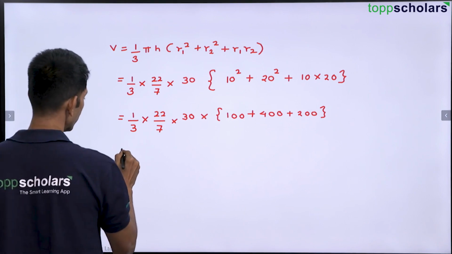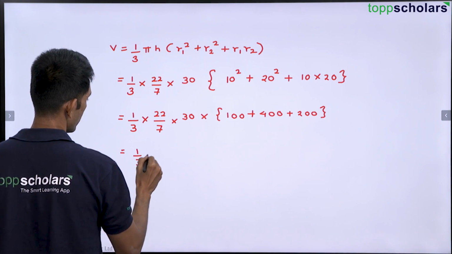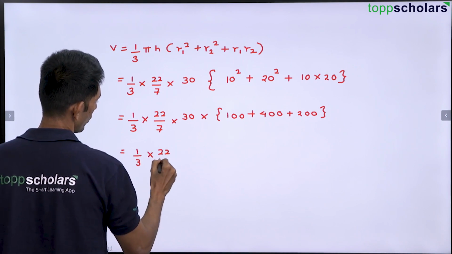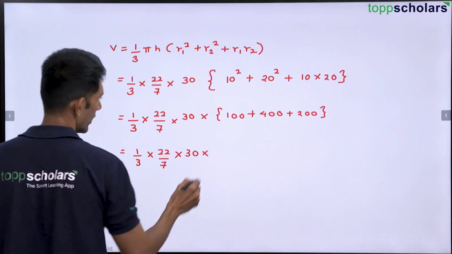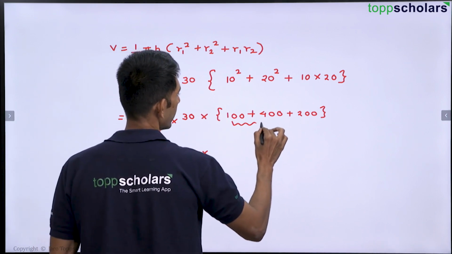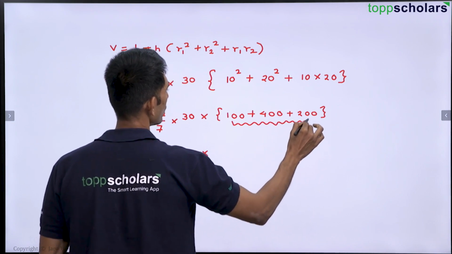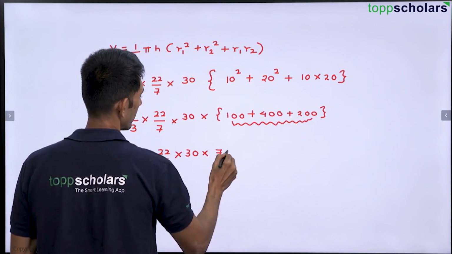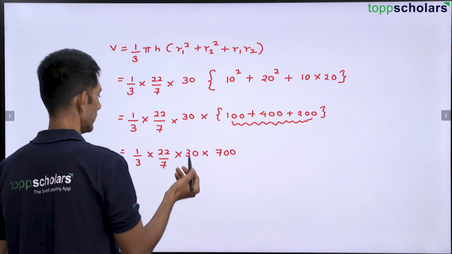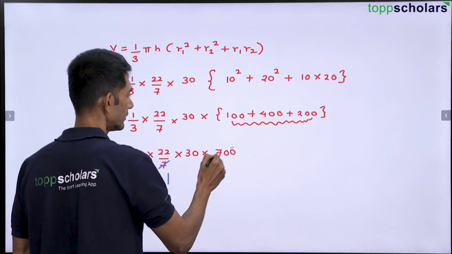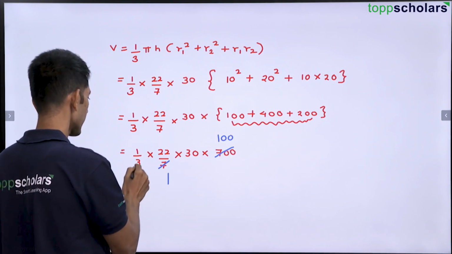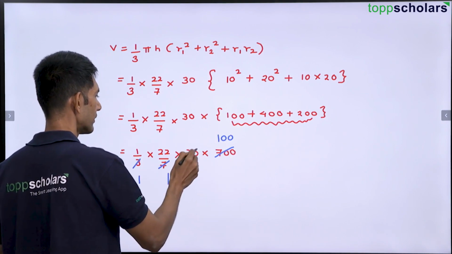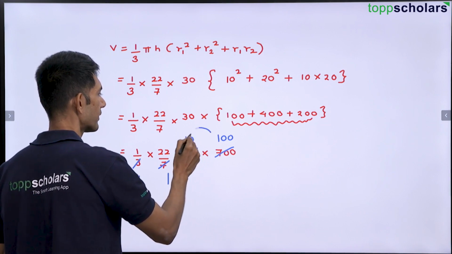So just solving this part, this further becomes 1 by 3 into 22 by 7 into 30 into, see, 100 plus 400 is 500, 500 plus 200 is 700. So 7 ones are 100, and 3 ones are, 3 tens are.